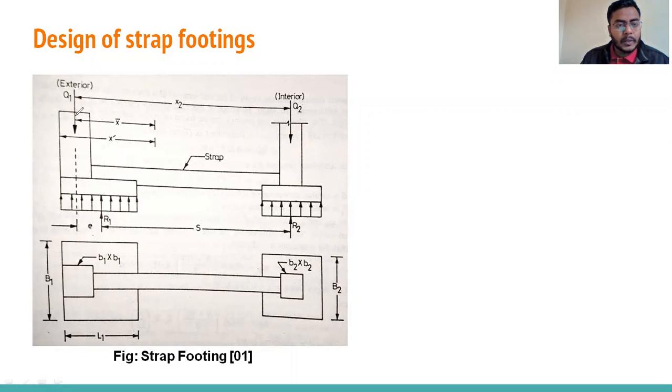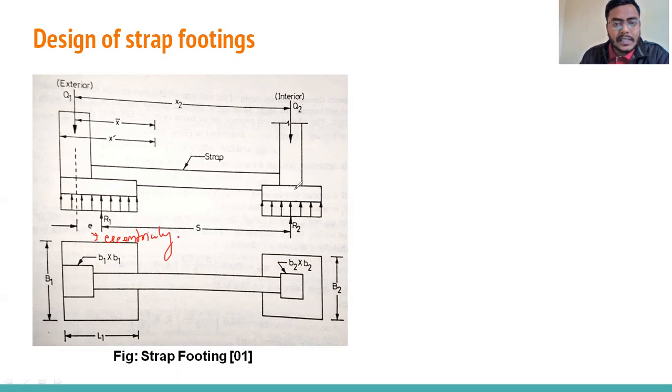R1 is below the exterior column, and R2 is the total reaction below the interior column. The distance between R1 and R2 is S. The distance between both loads is X2. Here E is the eccentricity. What is this eccentricity?